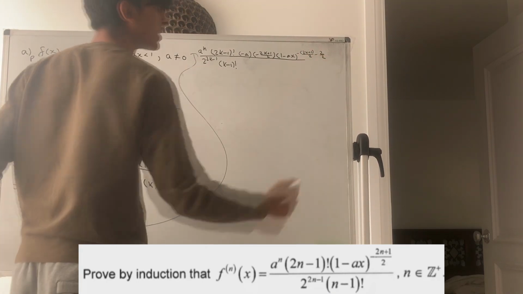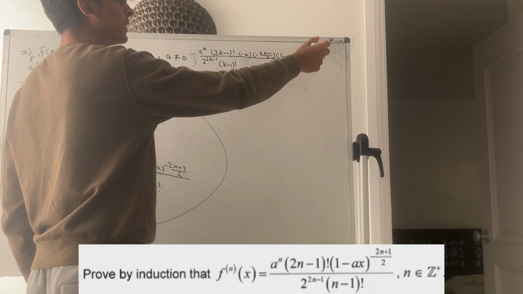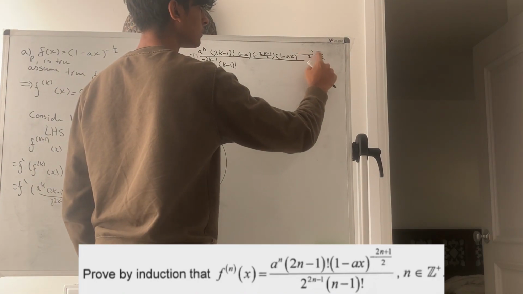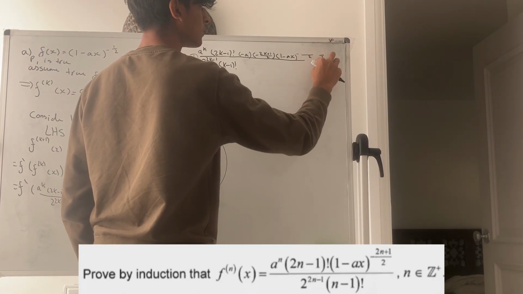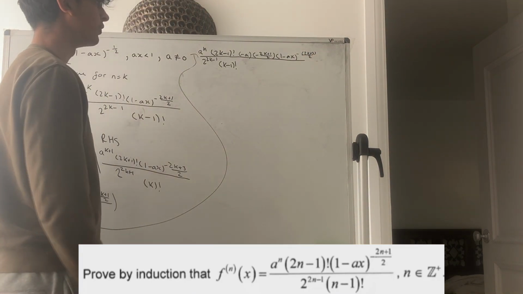I'm just writing that. And we have minus 2k minus 1 minus 2, which is minus 2k minus 3 all over 2, which is minus 2k plus 3, with the brackets, obviously. Minus 2k plus 3 all over 2.